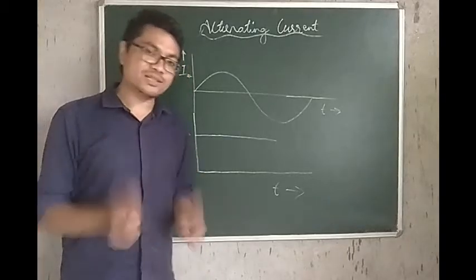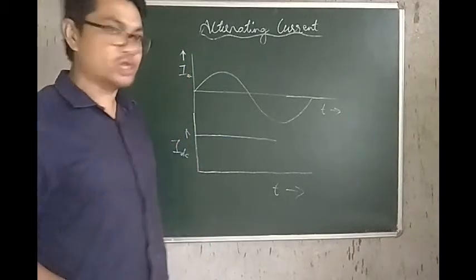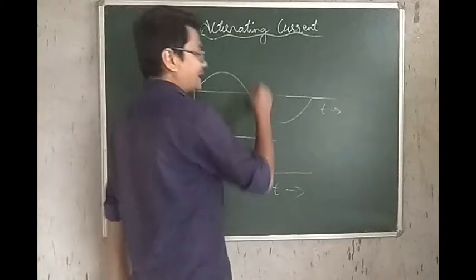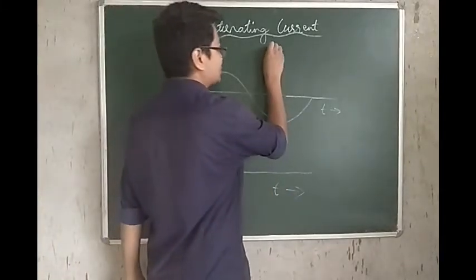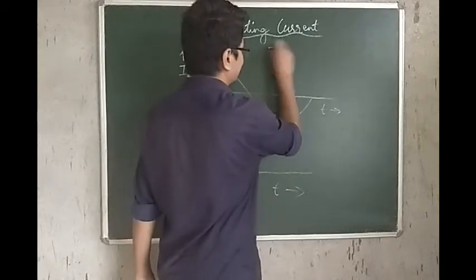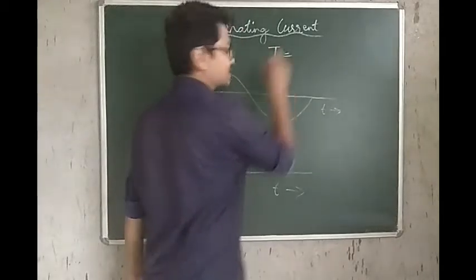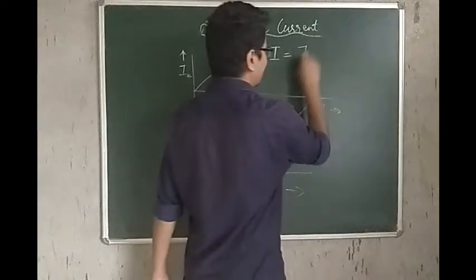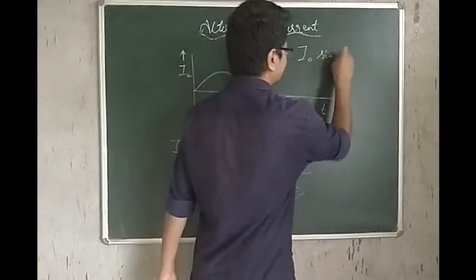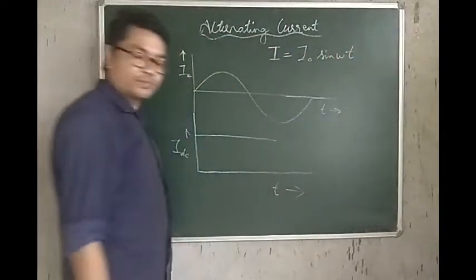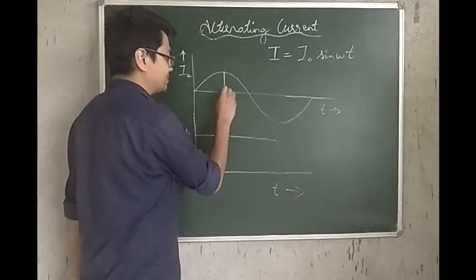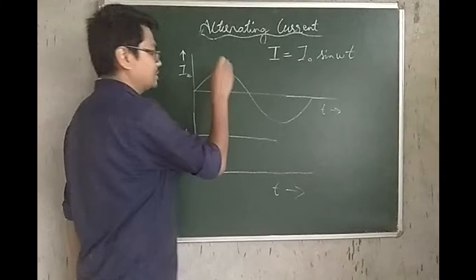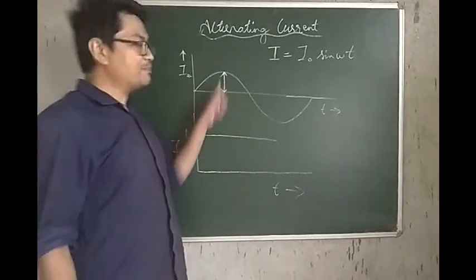Since the magnitude of alternating current constantly changes, at any instant t, the instantaneous value of the current is given by this equation: I equals I naught sine of omega t, where I naught is the peak value of the current, meaning its maximum value, so to say the amplitude of this wave.